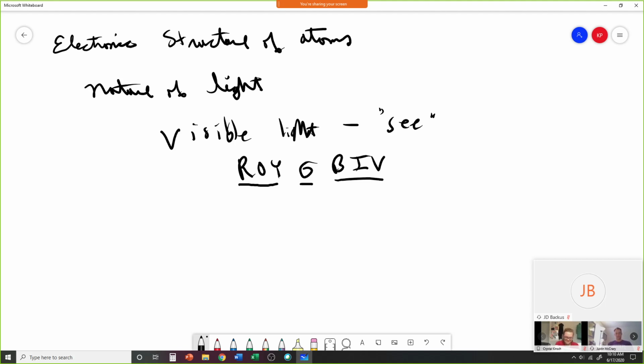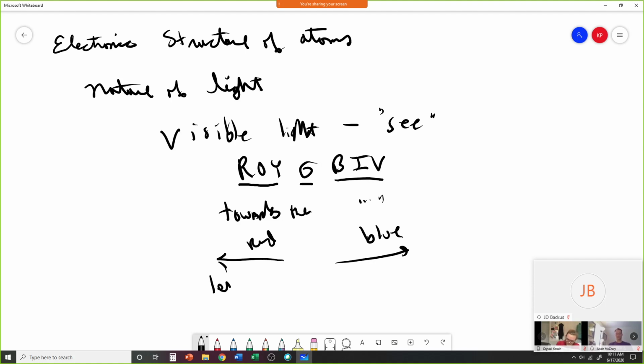And so when we talk about light and we were trying to probe things, we would say we are towards the red, and that would be towards the red end of the spectrum. And then towards the blue would be towards that end of the spectrum. Towards the red we would say is less energy, and towards the blue we would say is more energy.